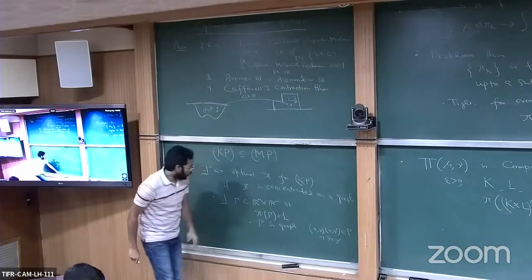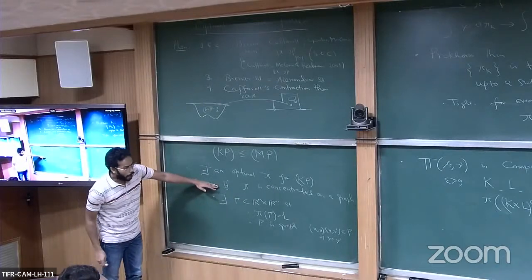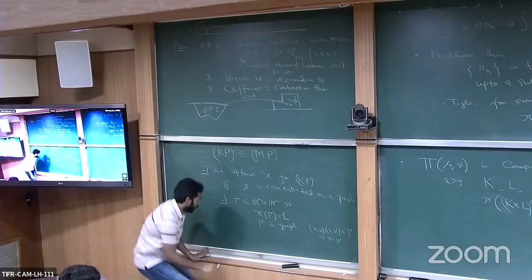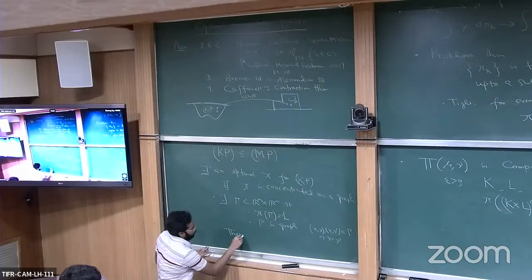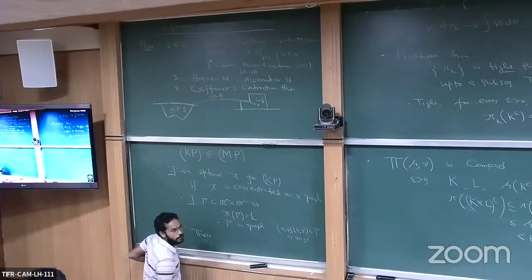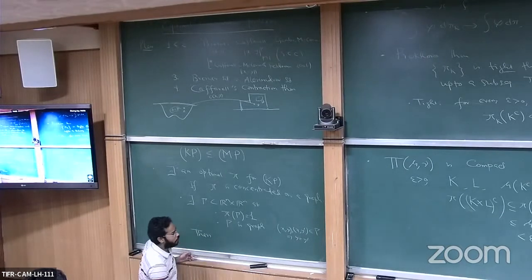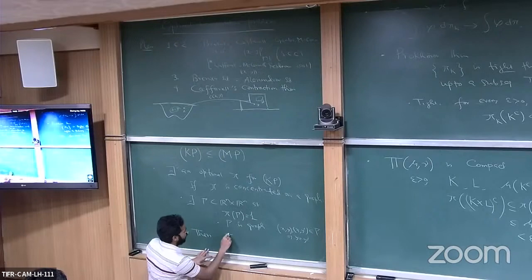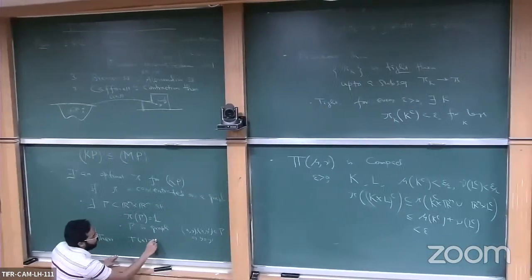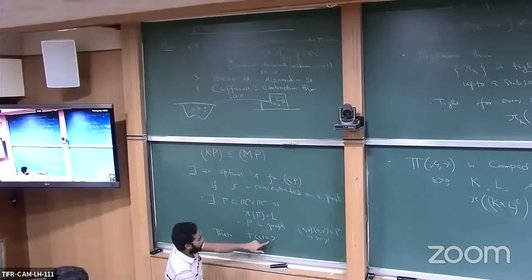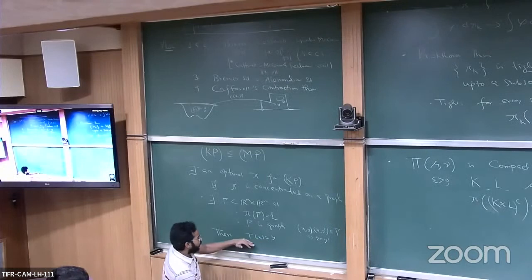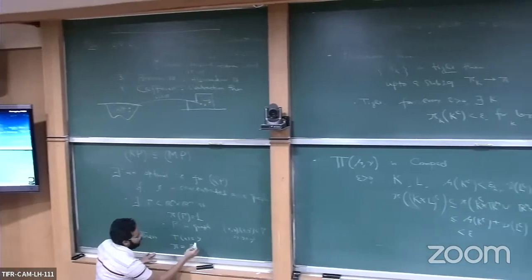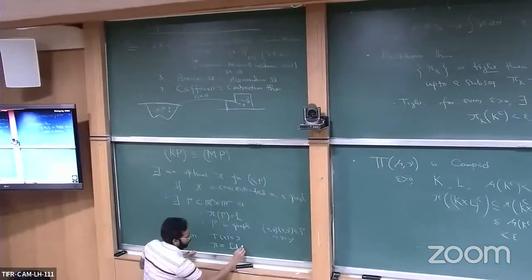Okay? So if your pi is concentrated on a graph, then from this definition you can easily see that for each x you can uniquely define a map. Okay? So Tx equals y, the unique y for which (x,y) is in gamma, and this T gives you the desired map.